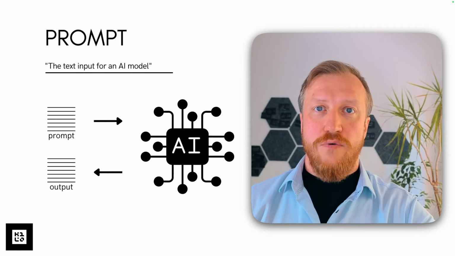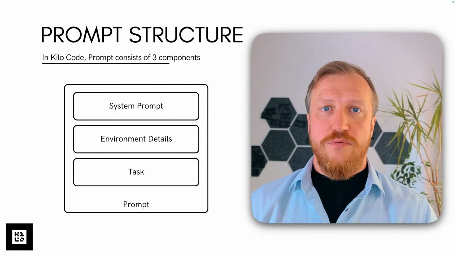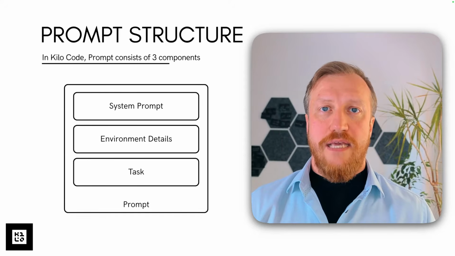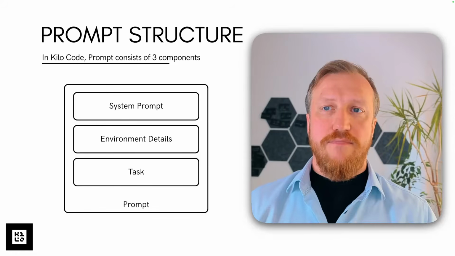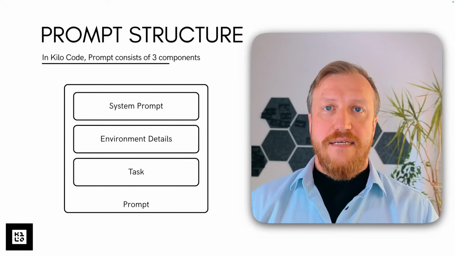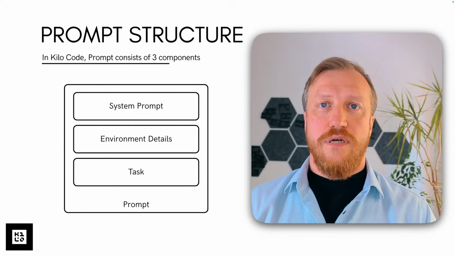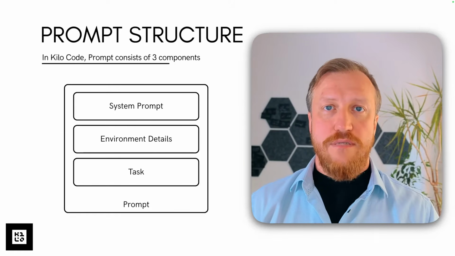Let's take a look at how it's built inside. So the prompt, what goes to the AI model in the end, actually consists of three different parts: system prompt, environment details, and task. The task is what you type at the beginning of the work, it's user input.